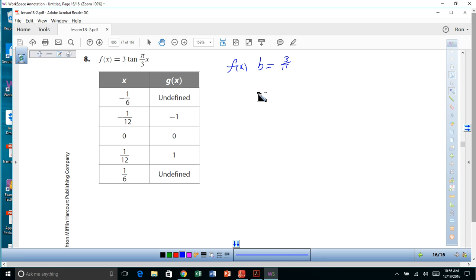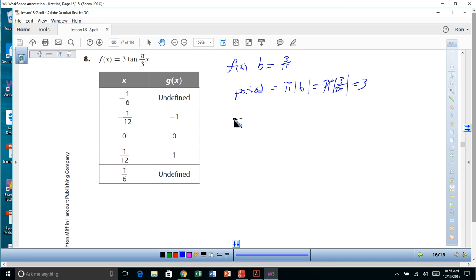Okay, and the period equals pi divided by the absolute value of b, which is pi divided by the absolute value of pi over 3, which is just 3. The pi's will cancel out. So that's going to give you 3.